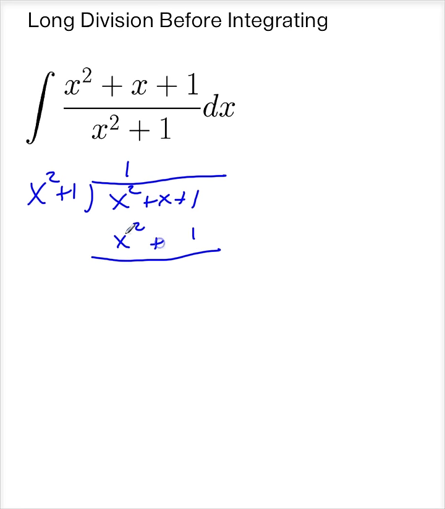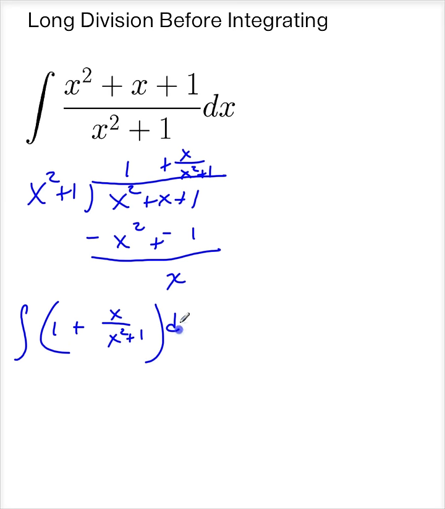And there's a plus there. Now I'm going to subtract these two. That's 0, so I'm left with x. So this becomes plus x divided by x squared plus 1. So I can rewrite the integral as 1 plus x over x squared plus 1 quantity dx.